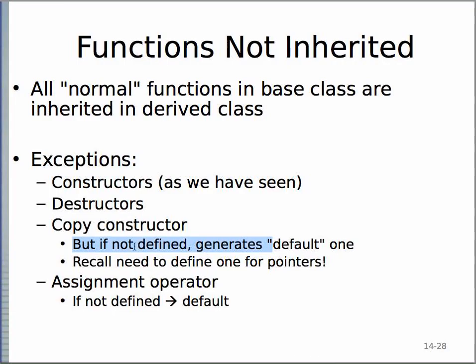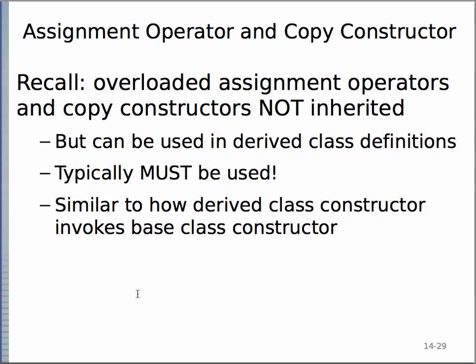And these two go hand in hand, copy constructor and assignment operator. So remember that overloaded assignment operators and copy constructors are not inherited. They can be used in derived class definitions. Typically, they must be used. It's similar to how a derived class constructor invokes the base class constructor.